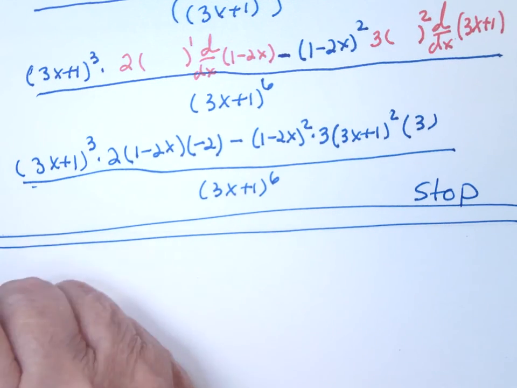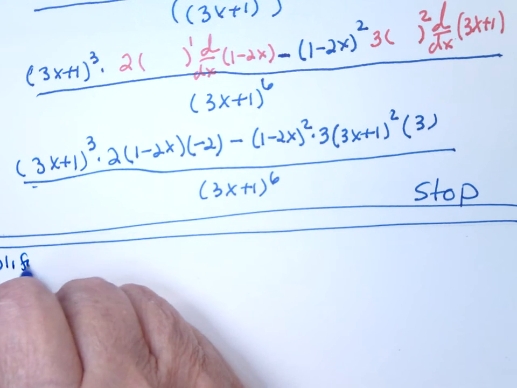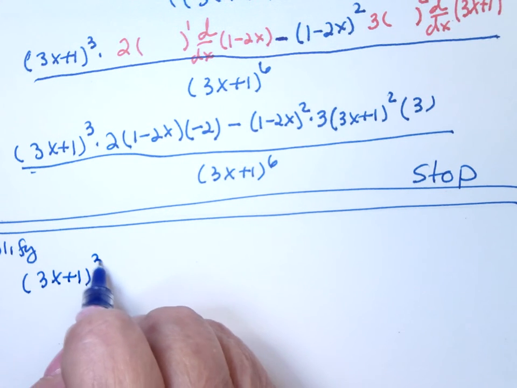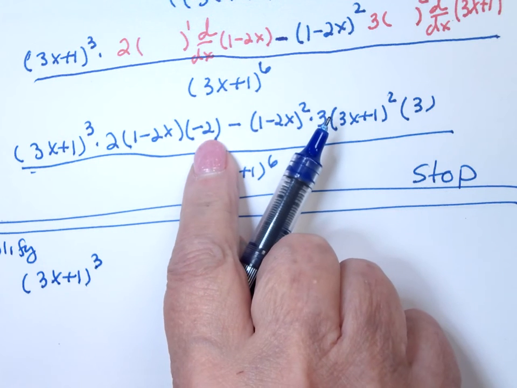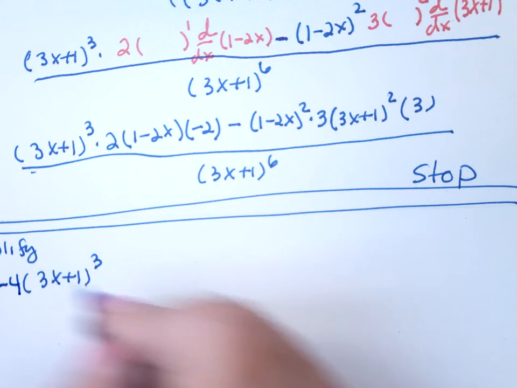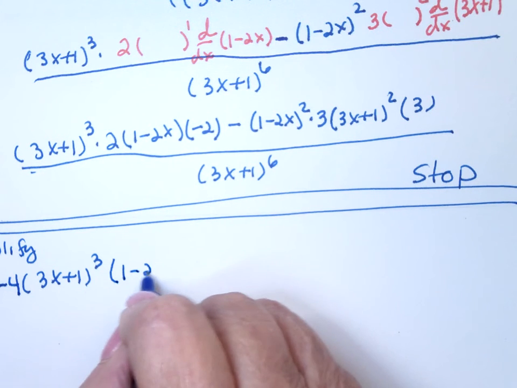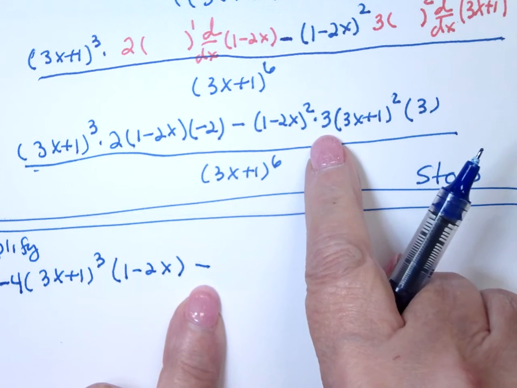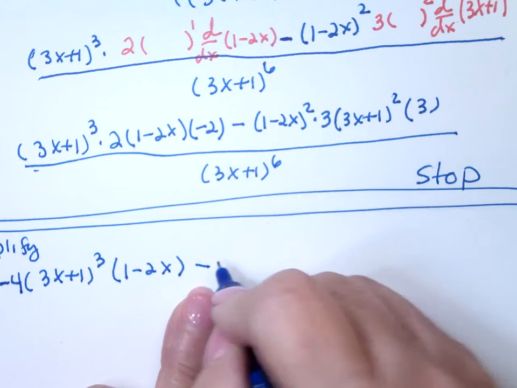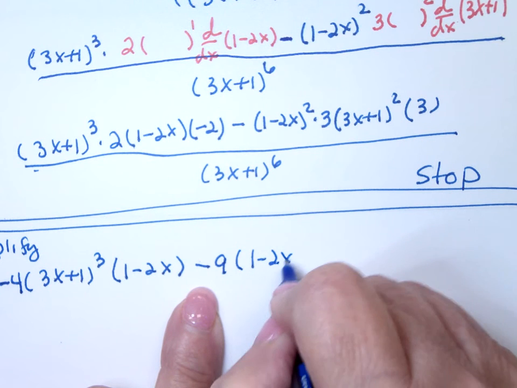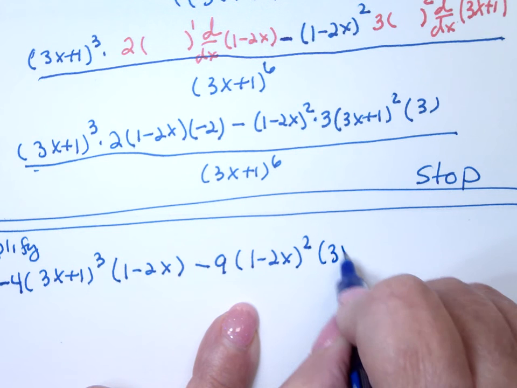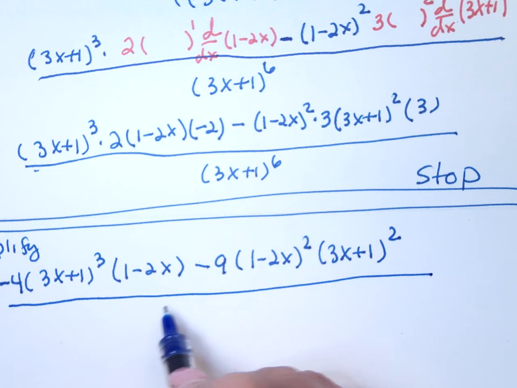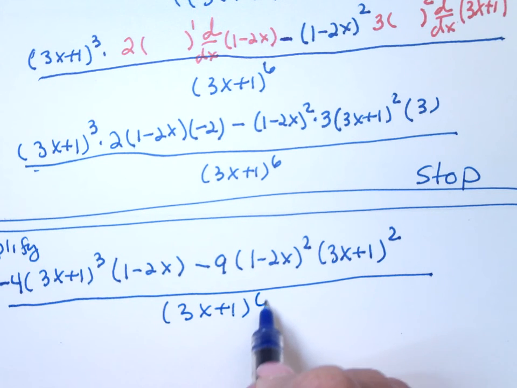So now I'm going to simplify. So this becomes 3x plus 1 cubed, and it's going to be 2 times negative 2 is negative 4, goes in front, times 1 minus 2x. And then minus, and now I pick up my constants, 3 times 3, that's 9, times 1 minus 2x squared, times 3x plus 1 squared, all over 3x plus 1 to the 6th.